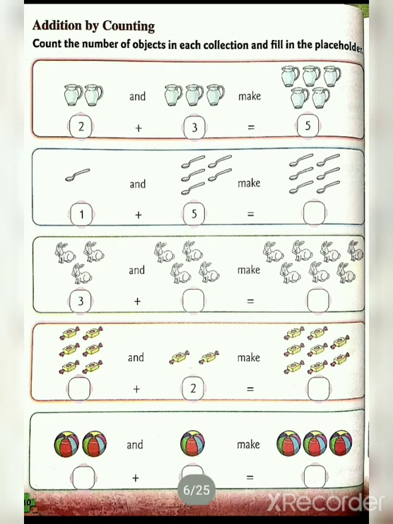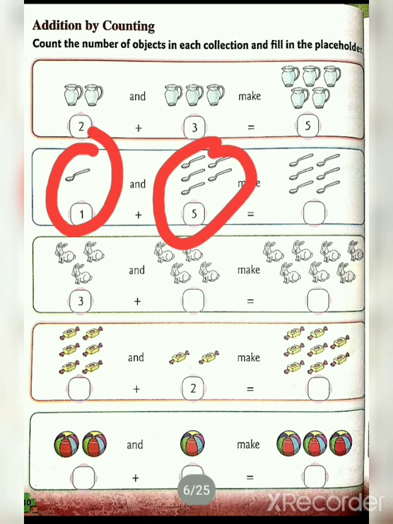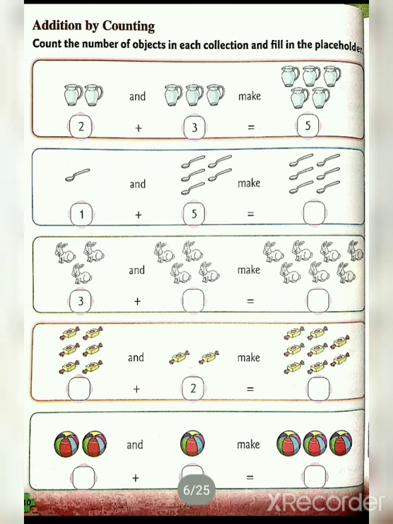In the second one, you can see there is 1 spoon and there are 5 spoons. Now we have to find the answer: how many spoons are all together? For this, again we will start counting. 1, 2, 3, 4, 5 and 6.